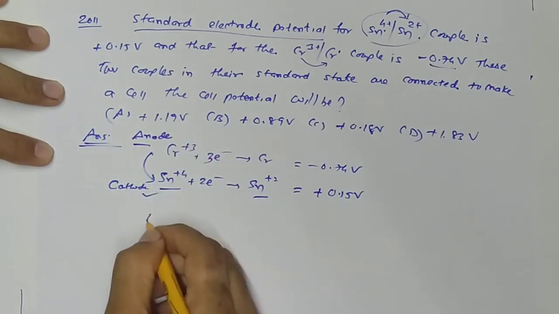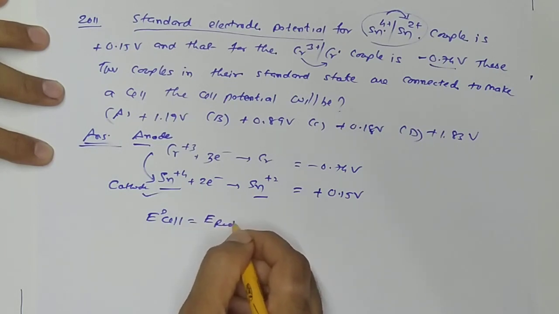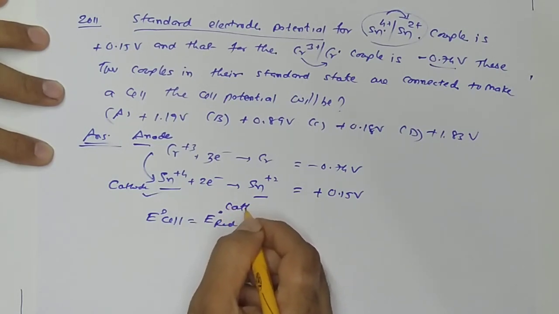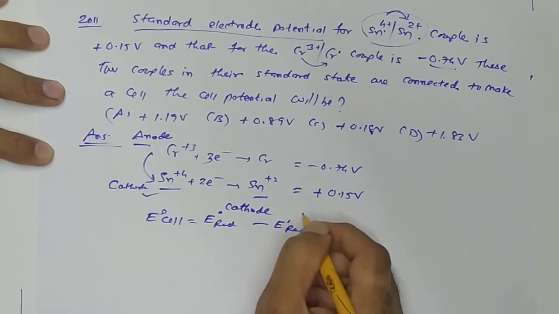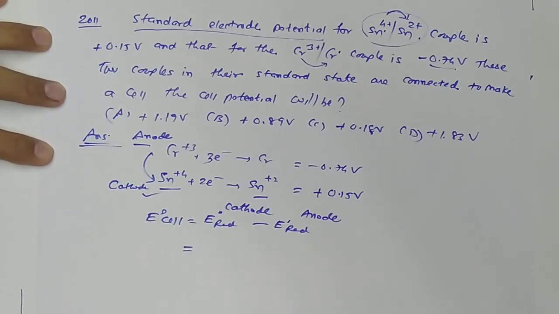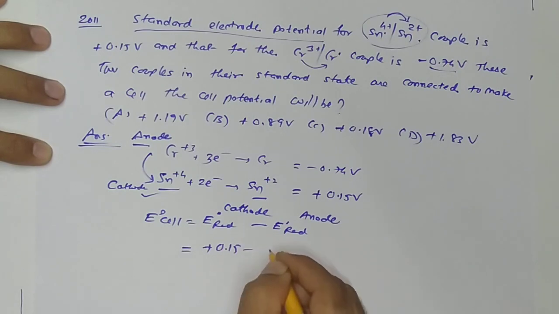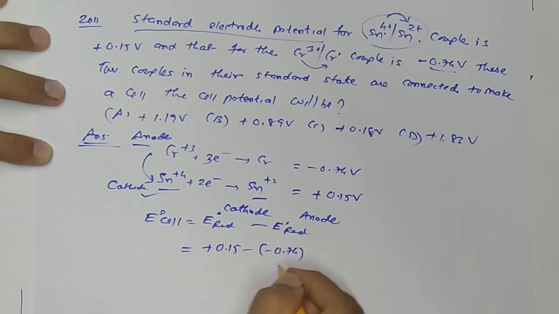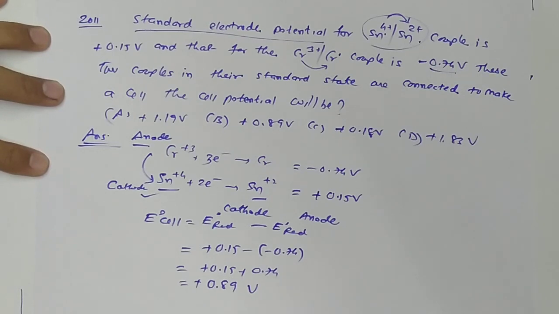So E degree cell equals reduction potential of the cathode minus reduction potential of the anode. So here plus 0.15 minus minus 0.74, minus minus becomes plus, plus 0.89 volt.